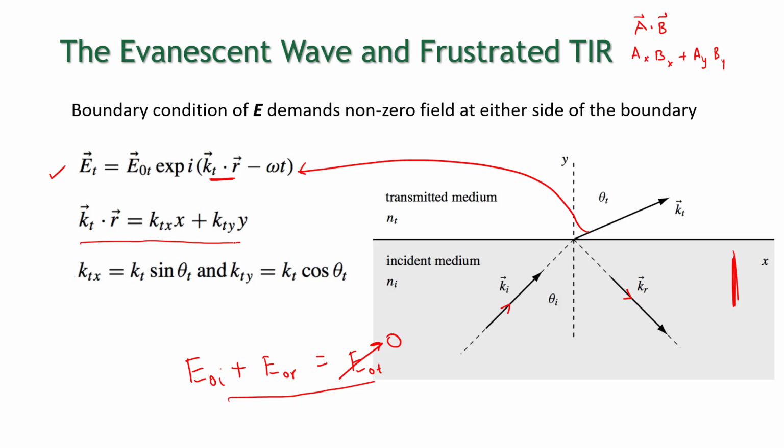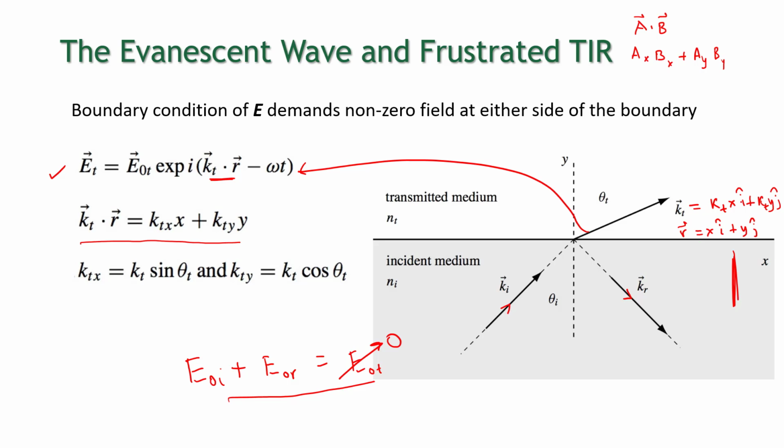You can write that in terms of components, because this K is KTx i hat plus KTy j hat, and we know this r is x i hat plus y j hat.